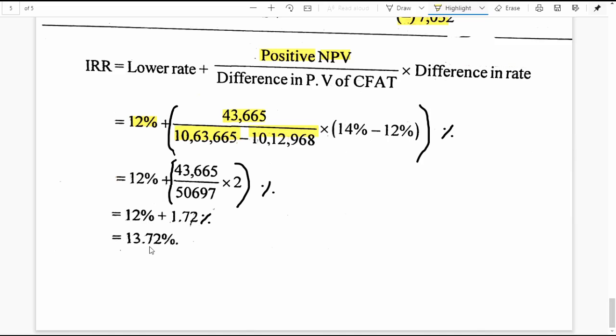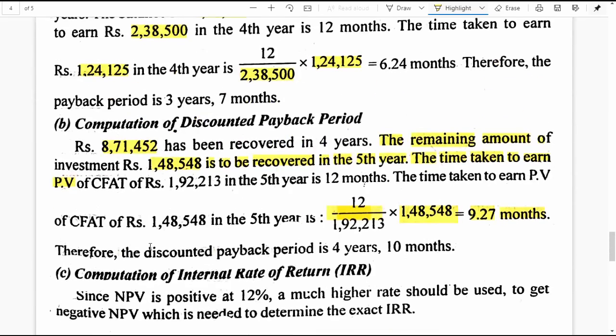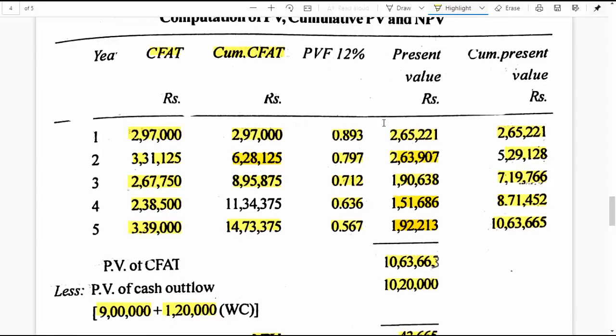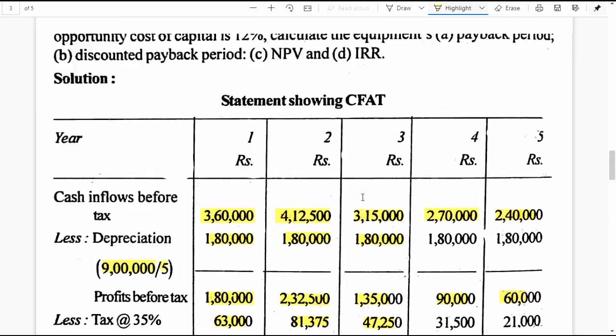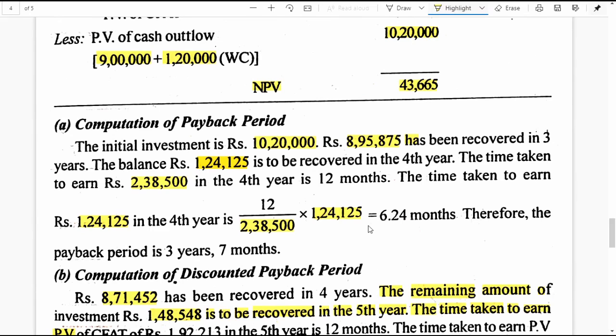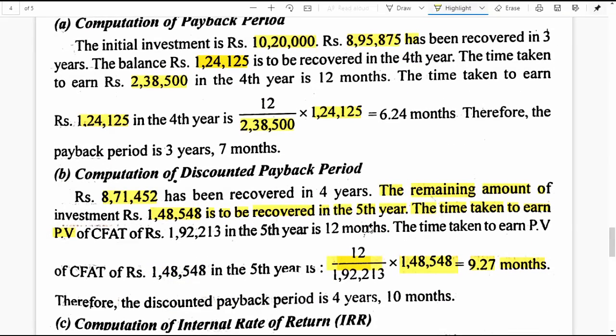Fine. As per IRR method, this project is accepted because the IRR of the project 13.72 is higher than its cost of capital of 12%. According to NPV, this project could be accepted because it has got positive NPV at the cost of capital of 12%. Then regarding payback period, if they give you the cutoff payback period, you can decide whether the project could be accepted as per traditional payback period and also as per the discounted payback period.